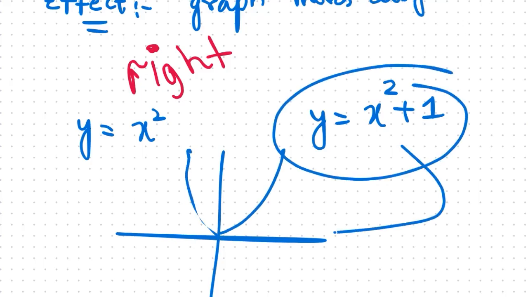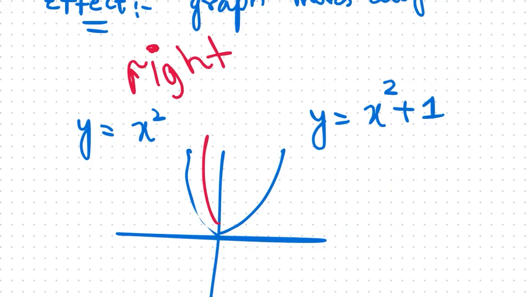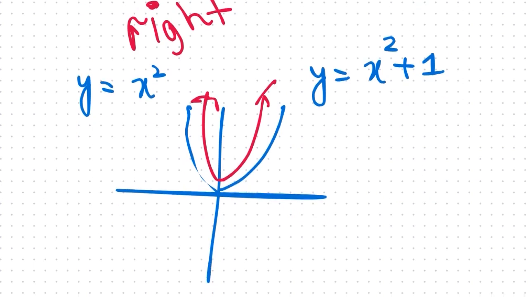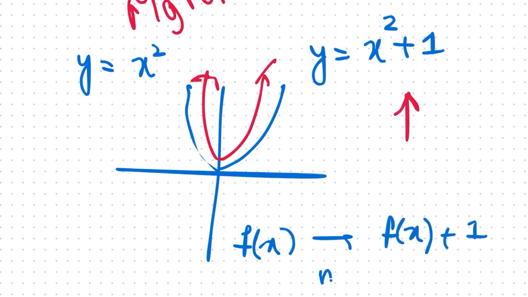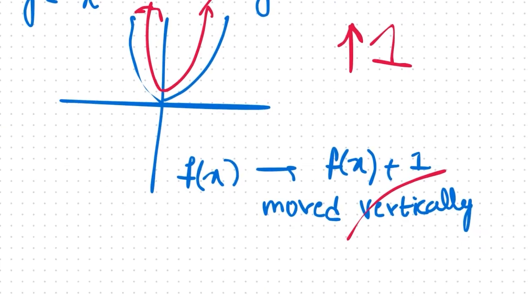Try to draw this in the same axis. So it has moved how? Moved upwards 1. So if f of x changes to f of x plus 1, it moved along y or vertically, correct? Vertically up by 1 unit.